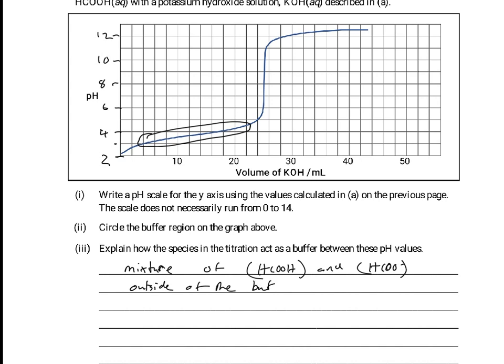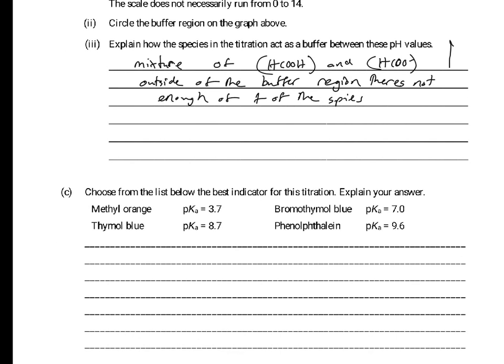Outside of the buffer region, there's not enough of one of those species to behave as a buffer. Okay, so it might have lots of methanoic acid so it can absorb base, but there's not enough methanoate ion so that it can absorb acid.